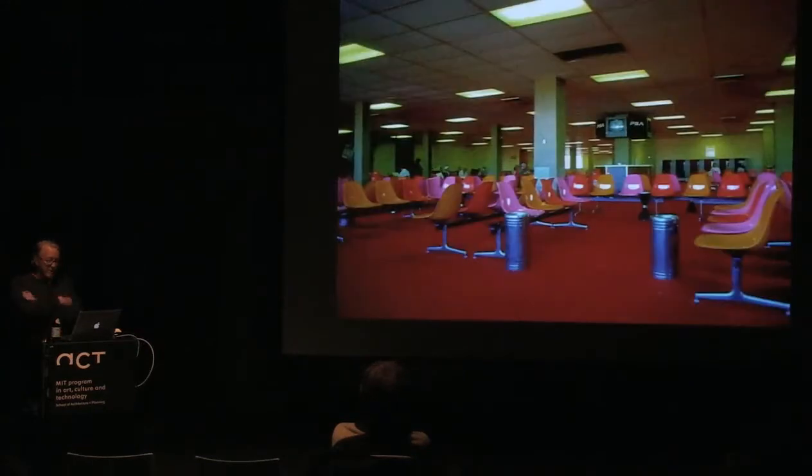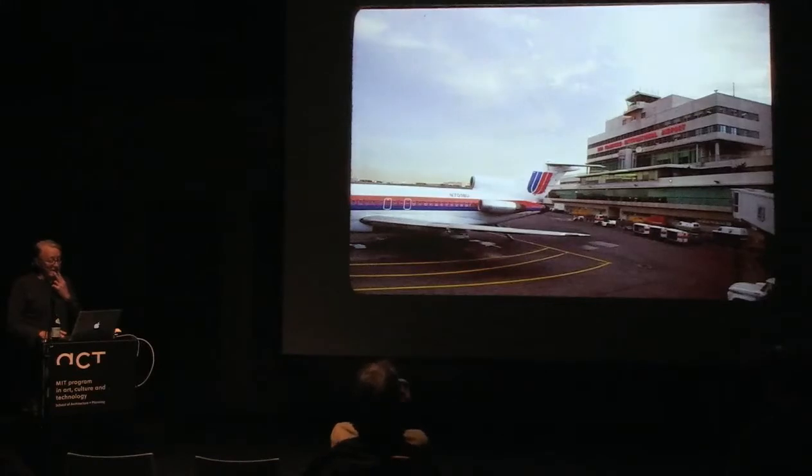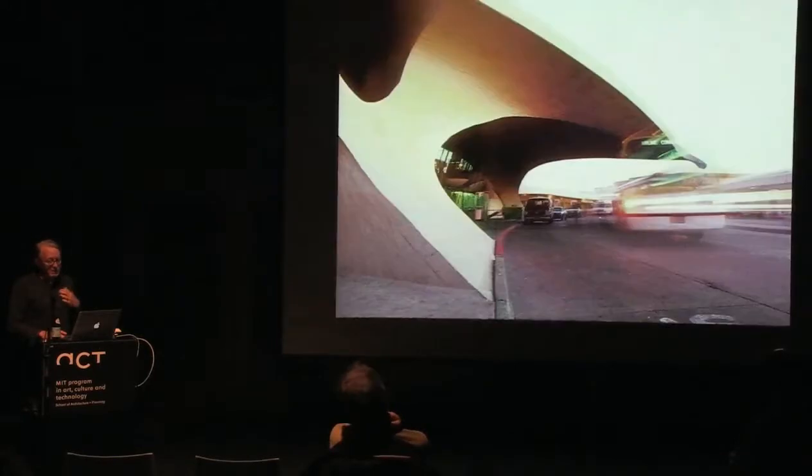But I think because the airport as an architectural type, or as a building type, is almost continually in transformation, it's actually a pretty interesting documentary subject, because you might find yourself going back to an airport you photographed a few years ago and discover that it has a completely new terminal. But these are all from the early 1980s. And I never kind of did anything with this project.